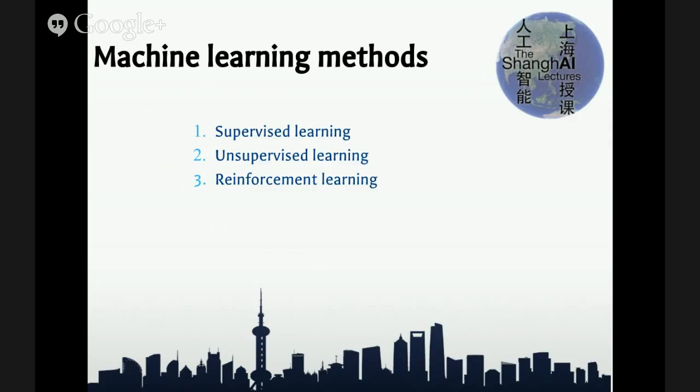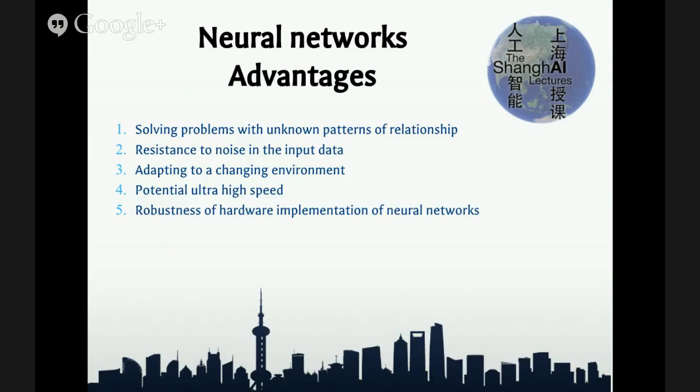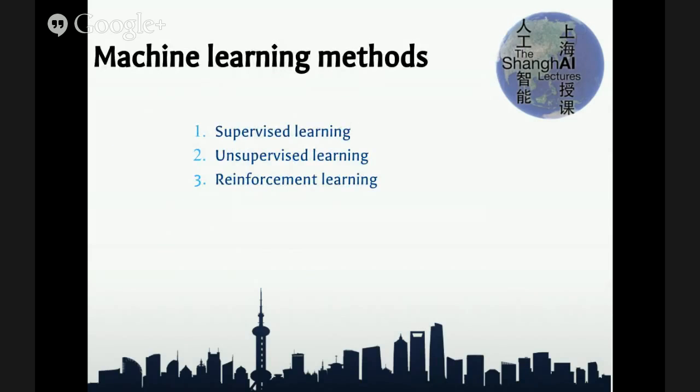Now, the machine learning methods used in robotics are supervised learning, unsupervised learning, and reinforcement learning. In supervised learning, there were labels present for the dataset, and the system had to tag each data with some label.